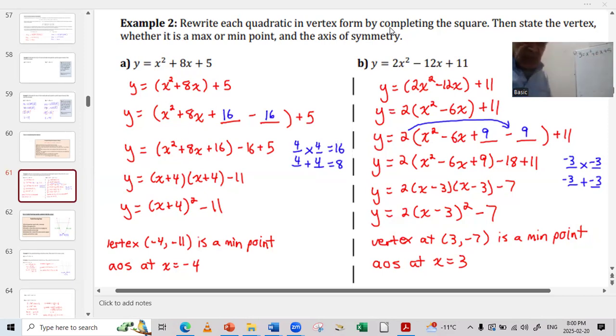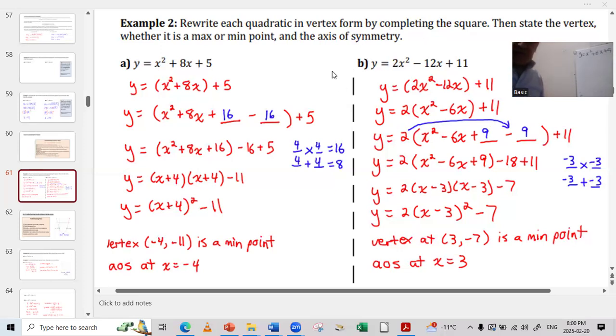With this example, I want to get the vertex, and I want to see whether the vertex is a min or a max.